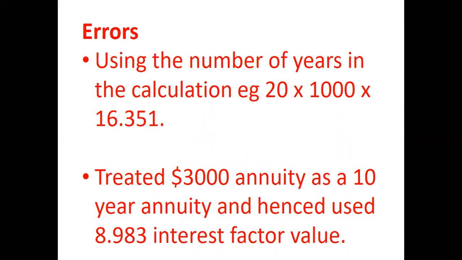So they just used the 10-year interest factor of 8.983. Again, understand why they would do that, but it means they didn't have the depth of understanding about how the first 20 years actually has a bearing on the last 10 years as well. Now, this was designated as a question that was expected to be a Band 6 question. So again, we'd expect some students to have some difficulties here.